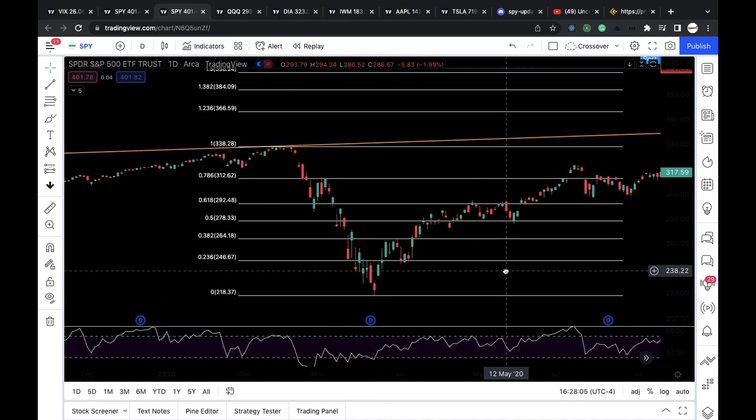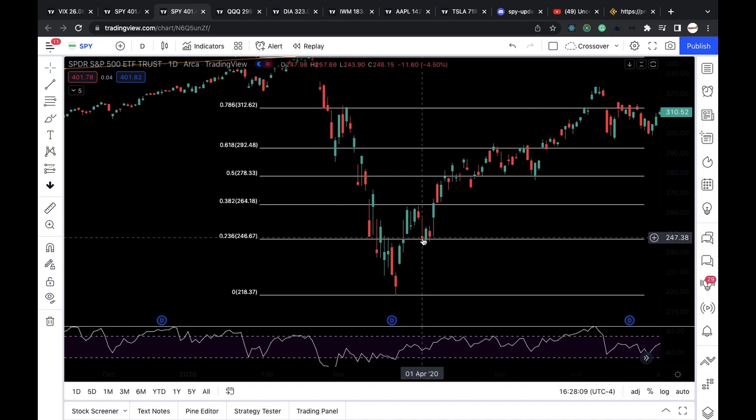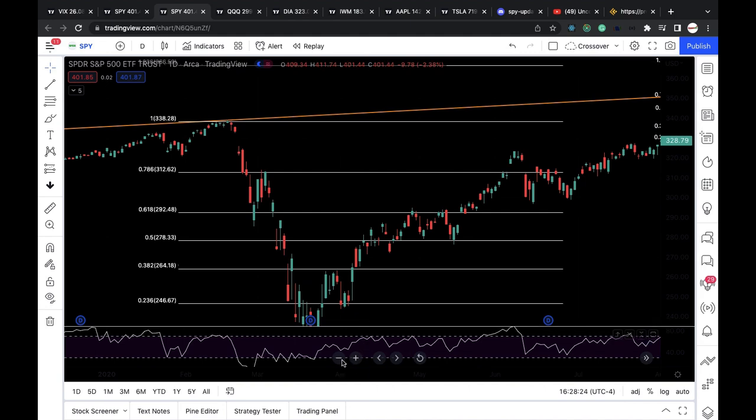I'll scroll in closer. All right, keep the back test and go strategy in mind, okay? So here on April 1st, when we back tested that 23.6 retracement level as support, it failed. Again, it failed. Next day, recaptured it, and it ended up heading up higher, okay?